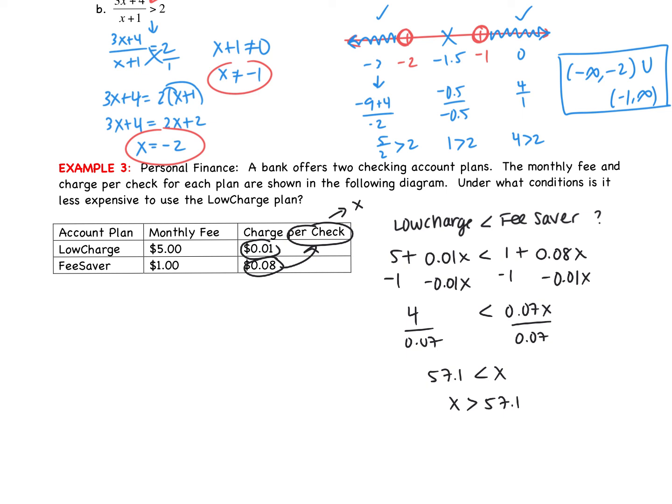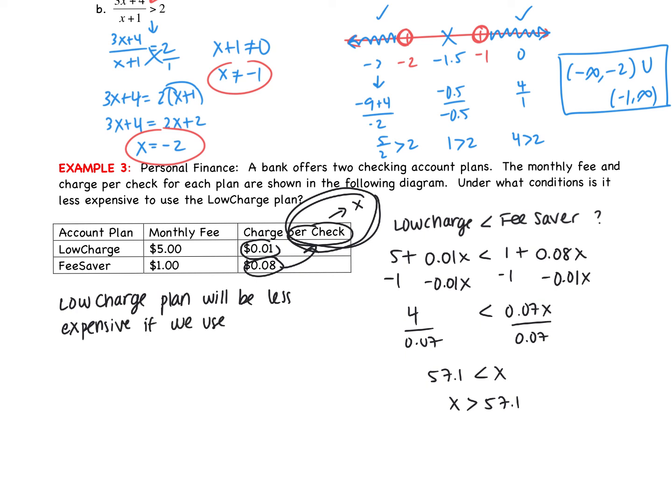Of course, I'm going to ask you to write a sentence to tell me what that means. Keeping in mind x is the number of checks. So we're going to say the low charge plan will be less expensive if we use, now realistically, you can't write 57.1 checks.